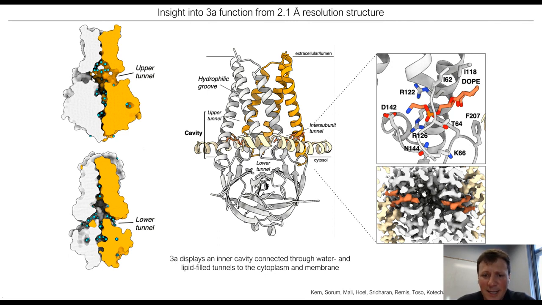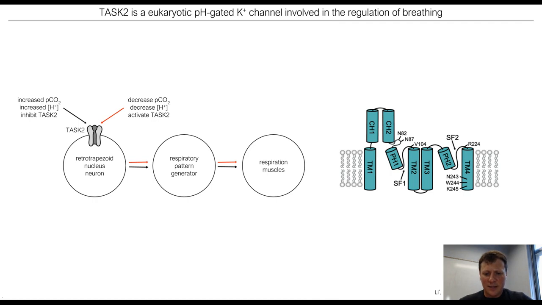Okay, and so the second story that I'd like to tell you about concerns an ion channel called TASK2. It's a potassium selective channel in eukaryotes that's pH regulated.